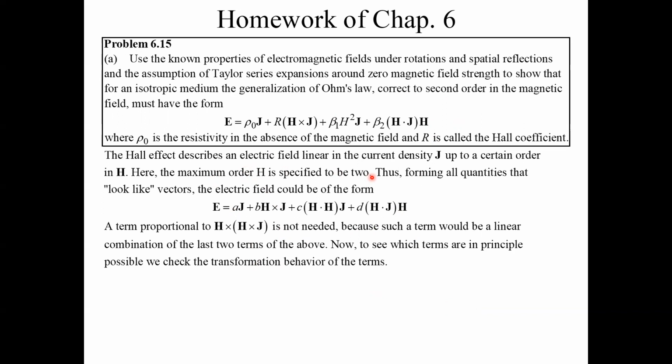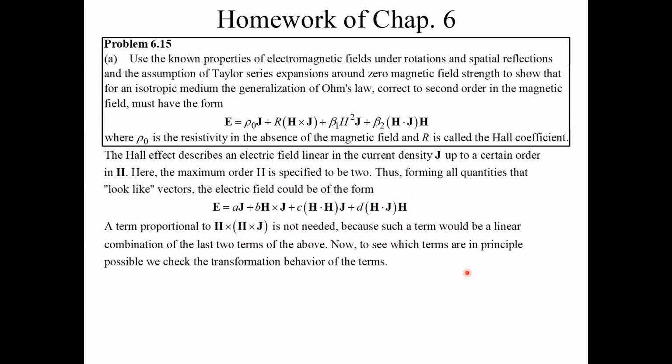Here, the maximum order in H is specified to be 2, thus forming all quantities that look like vectors. The electric field could be of the form like this, and a term proportional to H cross brackets H cross J is not needed because such a term would be a linear combination of the last two terms of the above.